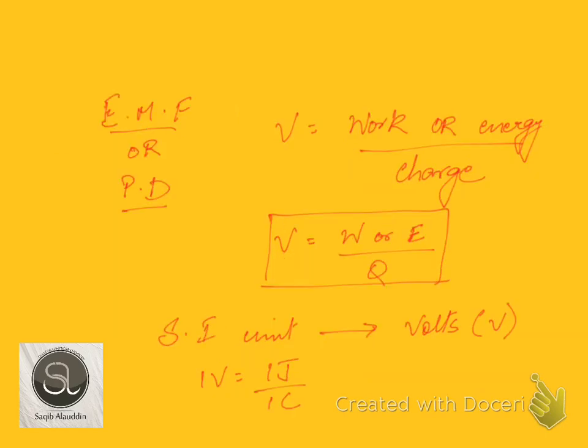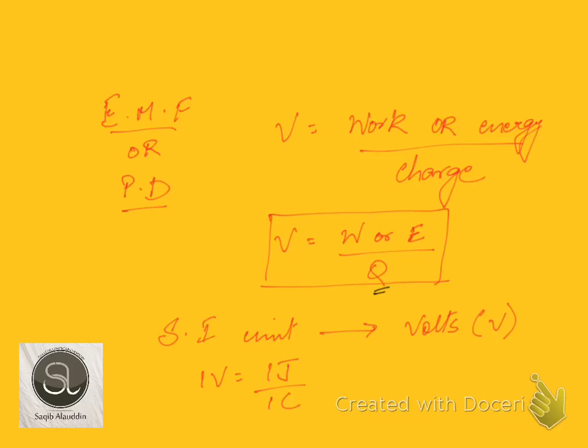In the end, the formula to calculate EMF or PD is work done or energy upon charge. Remember, when you are calculating EMF, the energy is non-electrical to electrical by the battery or a cell. But when you calculate PD, it's the electrical converted to non-electrical form. Either way, the formula is the same, work done or energy upon charge, simply written as W or E upon Q. Q is the symbol for charge, and W and E are the symbols for work and energy.